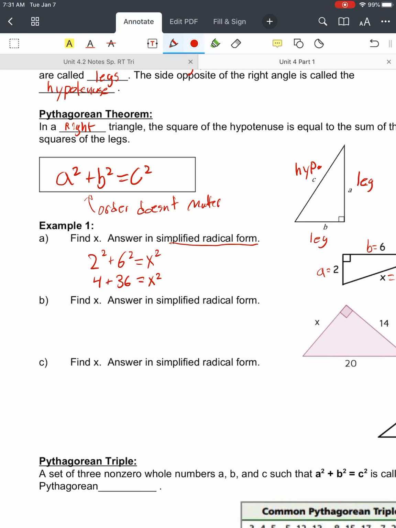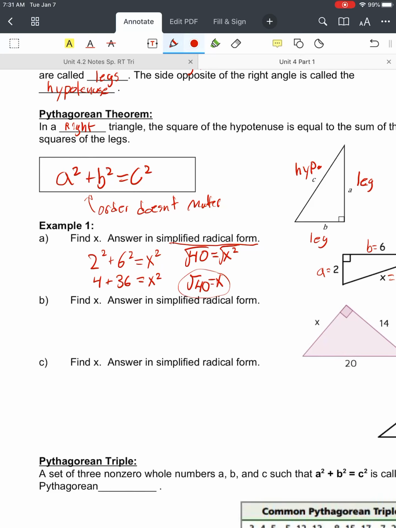Next, we'll combine the like terms on that side. 4 plus 36 is 40 equals x squared. Then we'll get rid of that squared by taking a square root. So x equals the square root of 40.